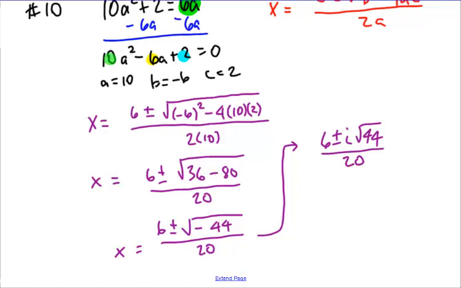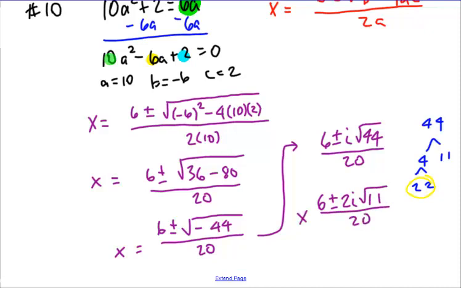And then factor tree 44. So that would be 4 and 11, and then 2 and 2. So couples go out, singles stay in. So I've got a pair of 2s. So I've got 6 plus or minus 2i square root of 11 over 20.